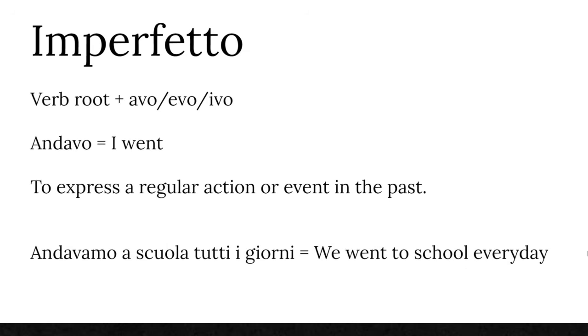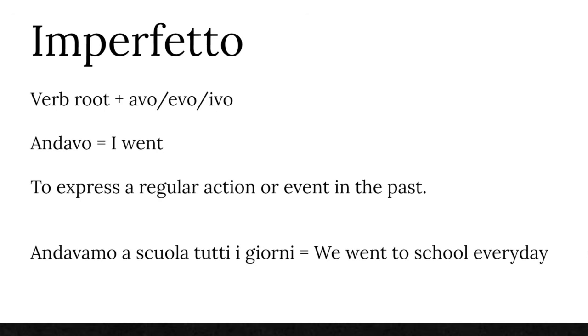At the beginning of the lesson, I told you that we have two main pasts. The first one is Passato Prossimo, but then we have the second one, called Imperfetto. Okay? In English, there is no real difference because it still corresponds to the simple past or the present perfect. But there is a slight difference in Italian.